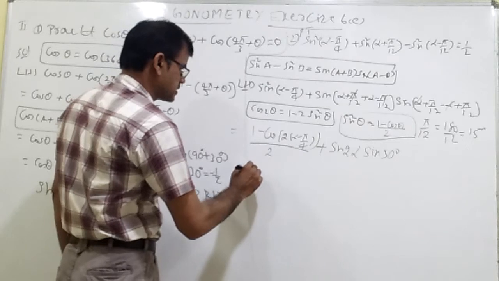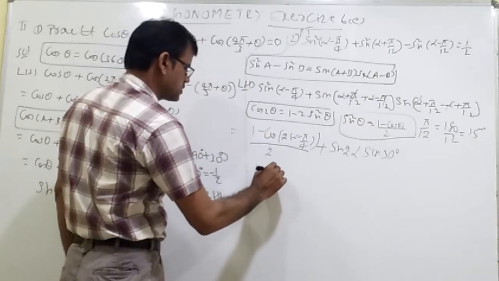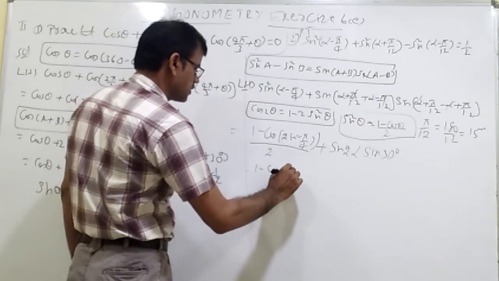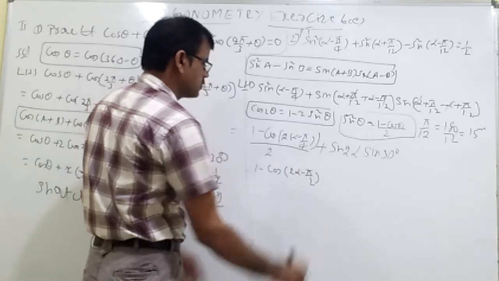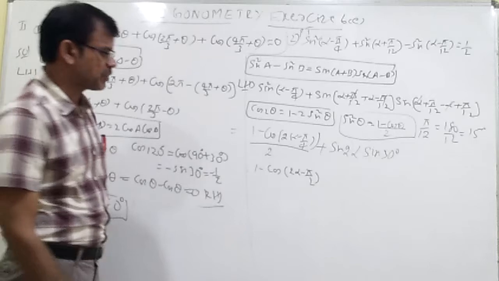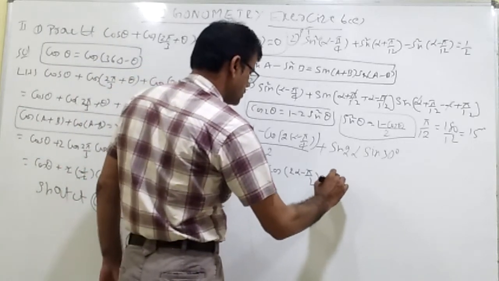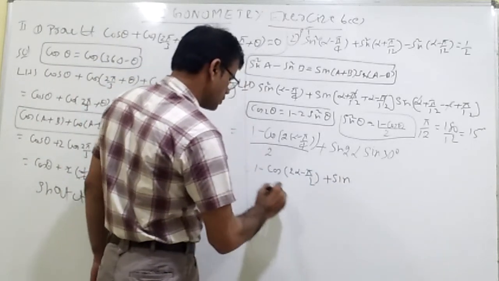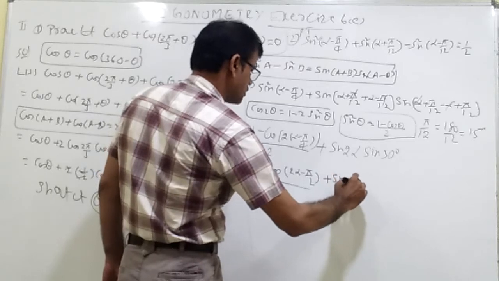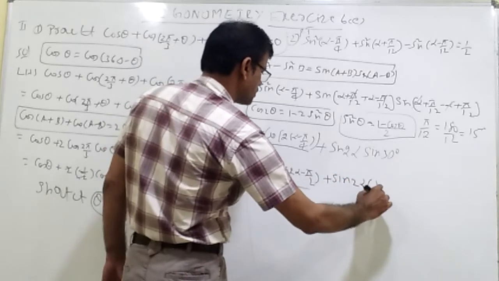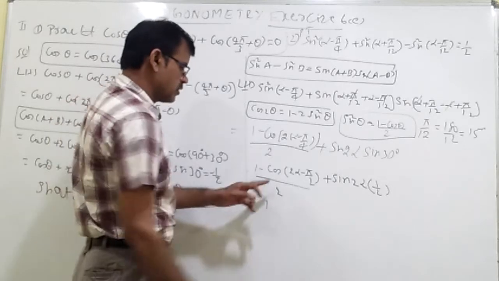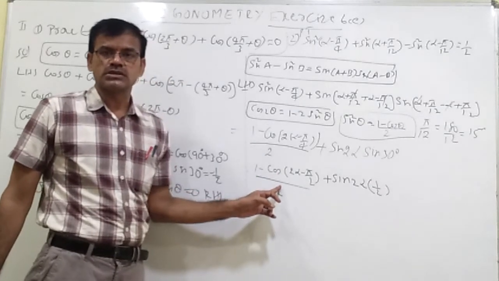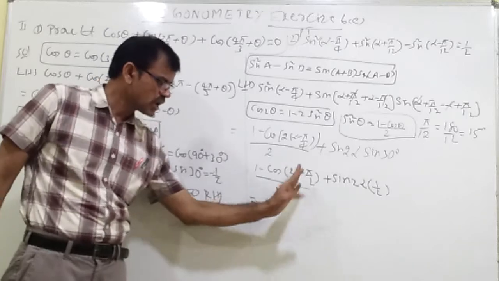That is equal to, next step, 1 minus cos of 2 alpha minus 2 into pi by 4, that is 2 alpha minus pi by 2, plus sin 2 alpha into sin 30 whole by 2, the value of sin 30 being 1 by 2. Now remember the formula cos of minus theta is cos theta.